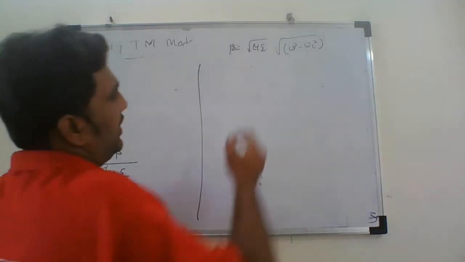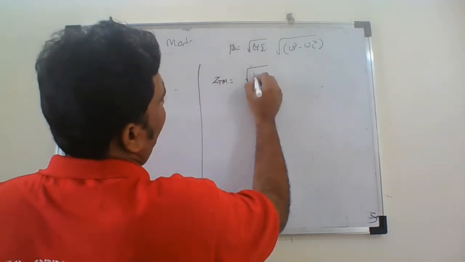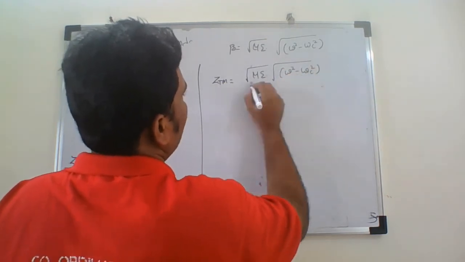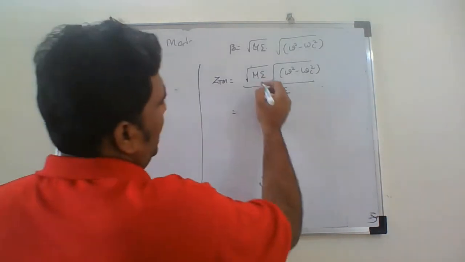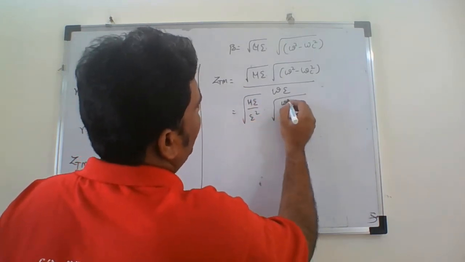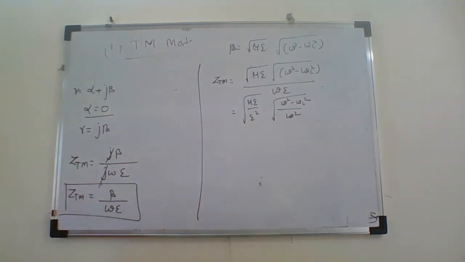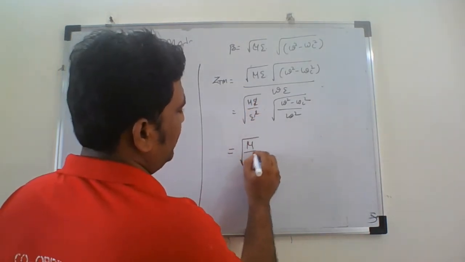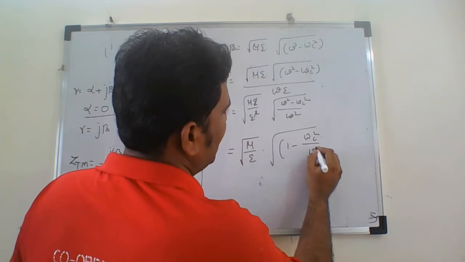Substituting that here, ZTM is equal to root of mu epsilon into root of omega square minus omega c square, divided by omega into epsilon. Modifying this, we get root of mu epsilon by epsilon square into root of omega square minus omega c square by omega square. So the first term becomes root of mu by epsilon and the second term becomes root of 1 minus omega c square by omega square.